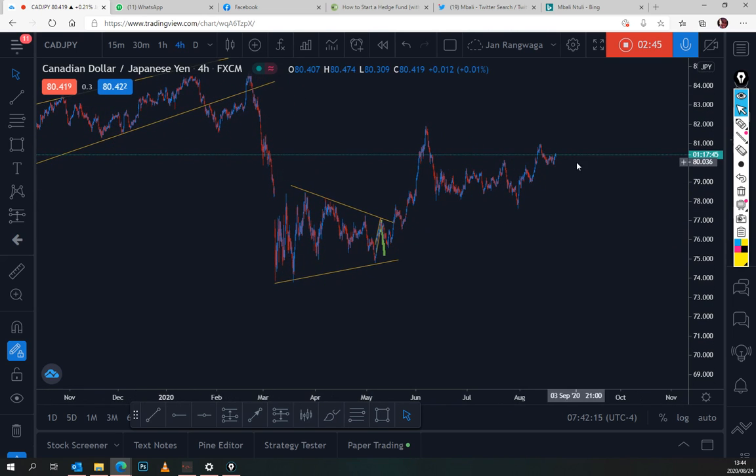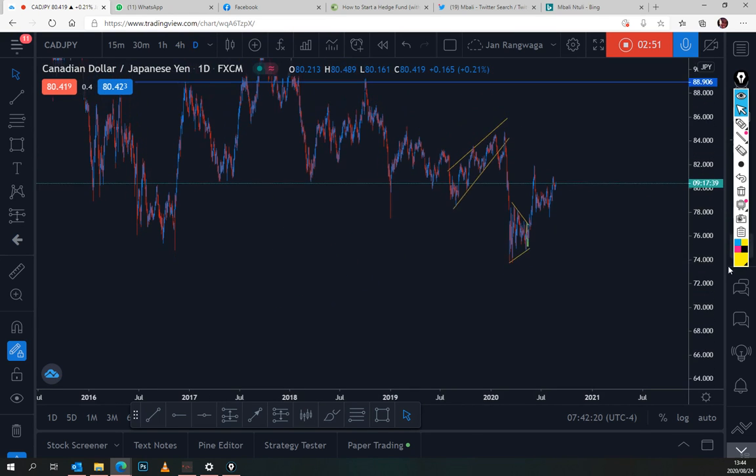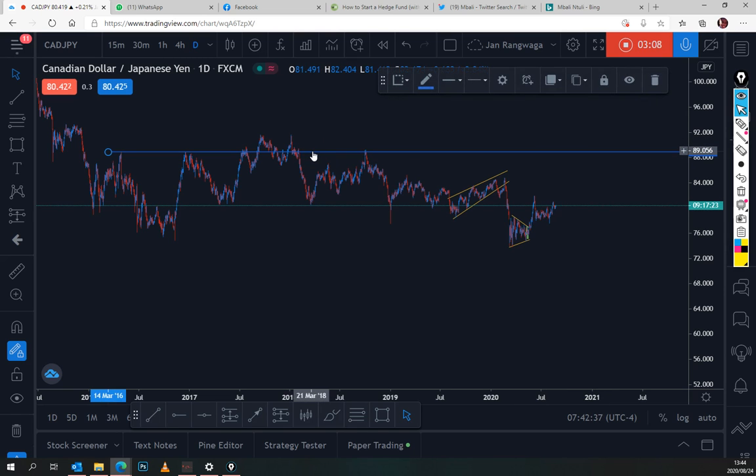Let's go on a daily and figure out what's happening from daily. This is where you'll see our analysis where we've been catching trades. For the longest time, we've been waiting for this support, this resistance.